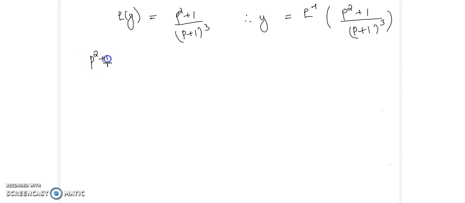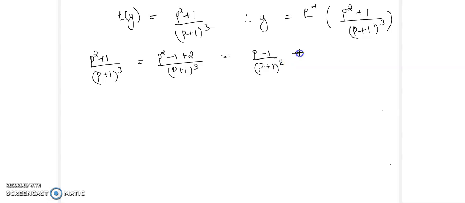So (p square plus 1) by (p plus 1) whole cube can be written as (p square minus 1 plus 2) by (p plus 1) whole cube. So here p plus 1 will come as a factor. So you can write again as (p minus 1) by (p plus 1) whole square plus 2 by (p plus 1) whole cube.